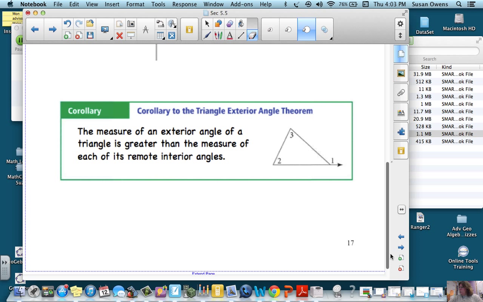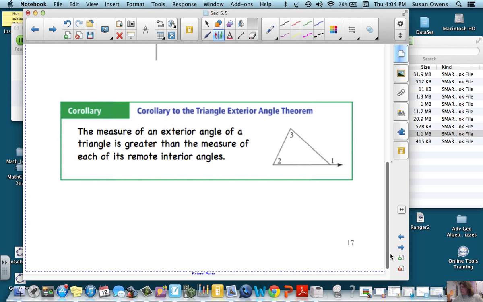The next thing we have is the corollary to the triangle exterior angle theorem. We had the triangle exterior angle theorem earlier. It's the one that said that the exterior angle of a triangle is equal to the sum of the two remote interior angles. So this one is saying that the measure of an exterior angle is greater than either of the remote interior angles.